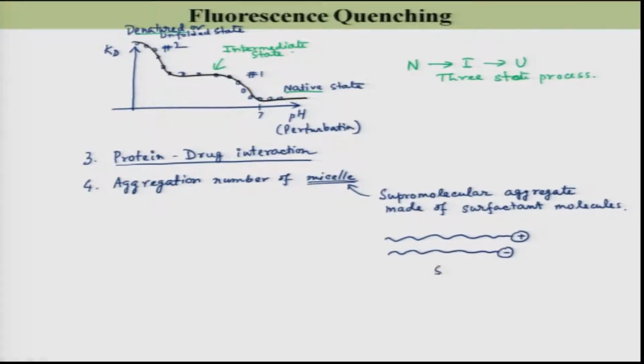The famous example of a surfactant is SDS, sodium dodecyl sulfate. You see this sulfate, this is a negatively charged head group, and dodecyl, this is my alkyl chain, right.